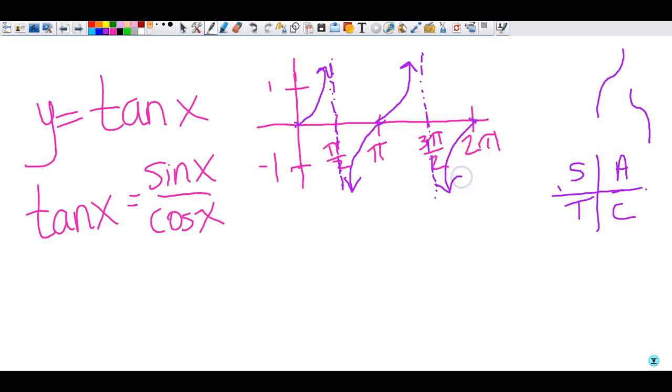Oh gosh, but a whole lot better. So this shape right here is what repeats, because now I'm back around here. If I started over, I would continue it up like this. But if I went past 2 pi, it's going to look like this. So this is the shape that repeats over and over again.